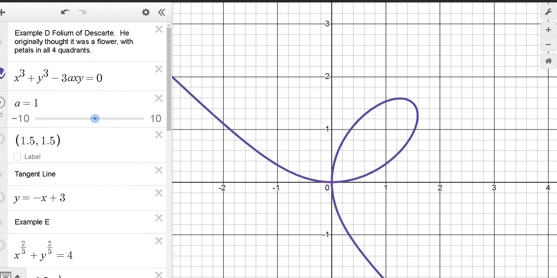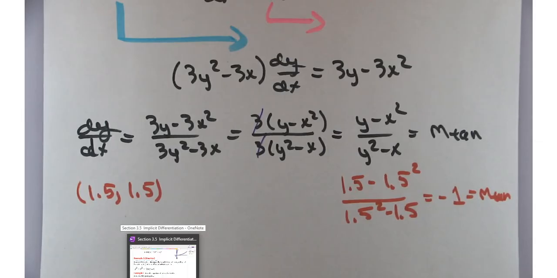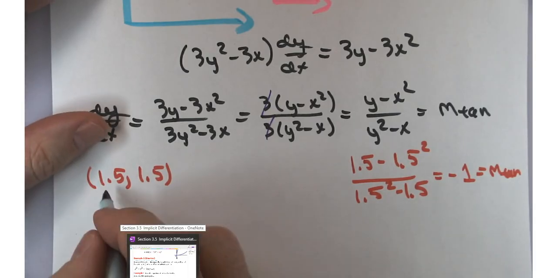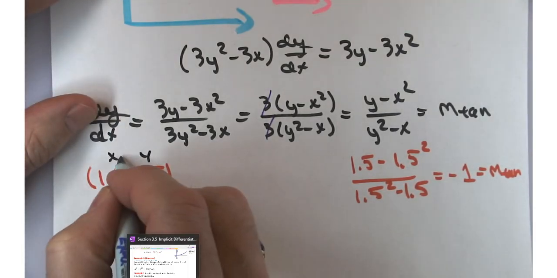We're trying to find the slope of the tangent line here. Do you expect a positive or negative slope for the tangent line? Negative. Yeah, negative. So negative seems to make sense. Let's see if we can finish finding that equation. This is your x, this is your y, or x1, y1.